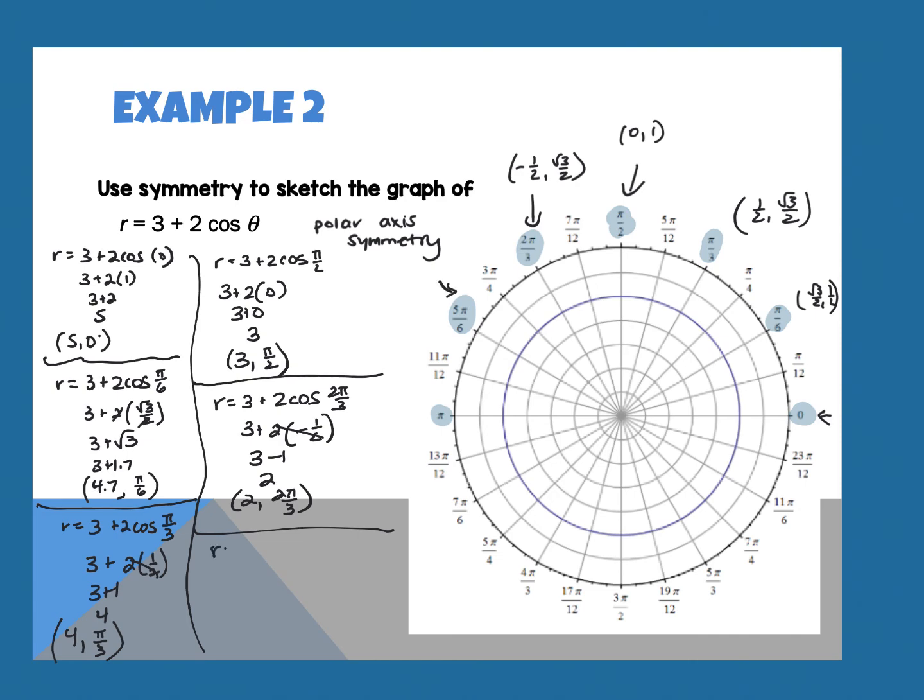Five pi over 6. Coordinate point there is negative root 3 over 2, 1/2. So 3 minus root 3, which we said we're going to approximate to be 1.7. So this is 1.3.